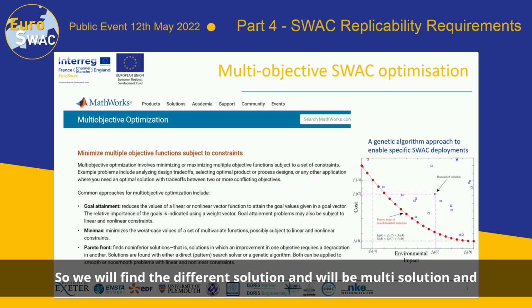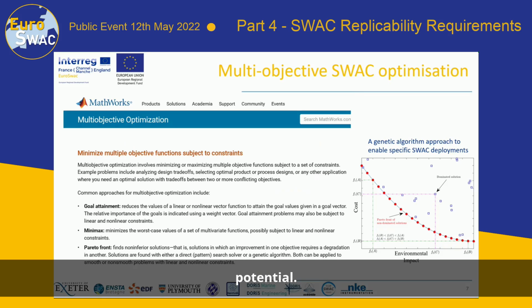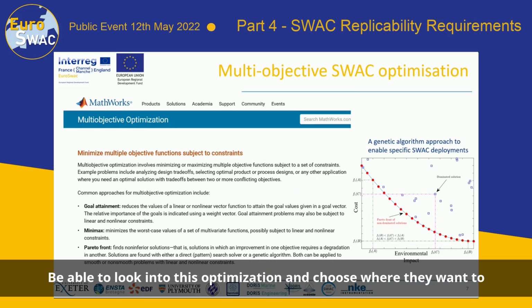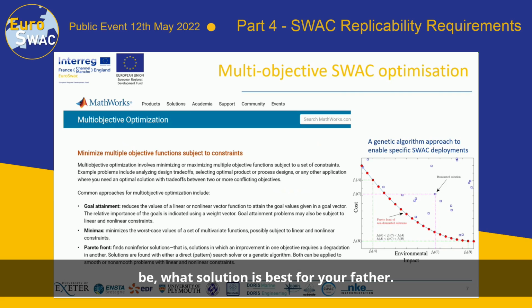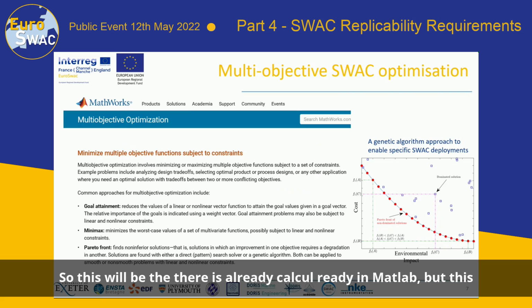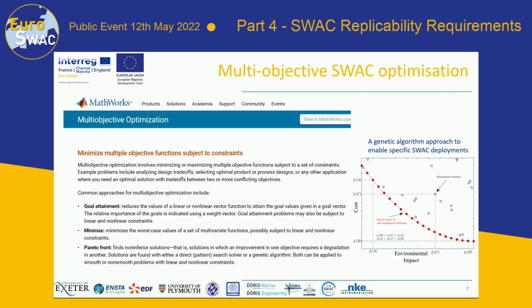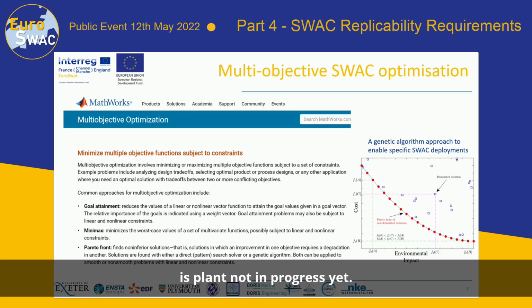So we will find different solutions, and it will be multi-solution, and the potential future end user will be able to look into this optimization and choose where they want to be, what solution is best for their site. To do so, there is already code ready in MATLAB, but this is planned, not in progress yet.